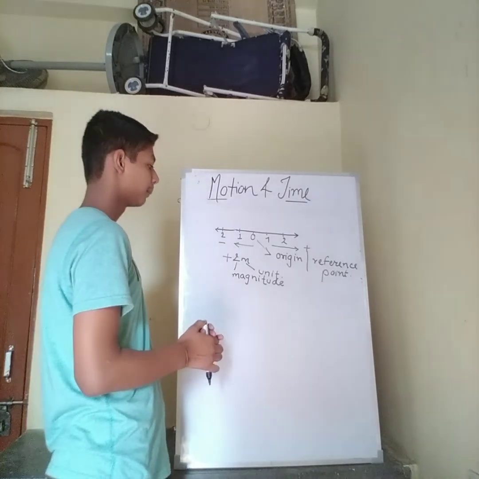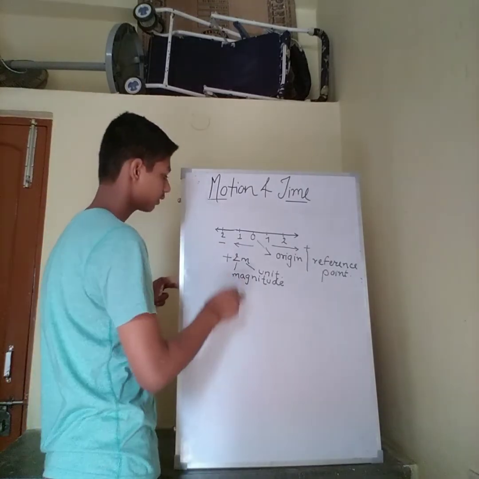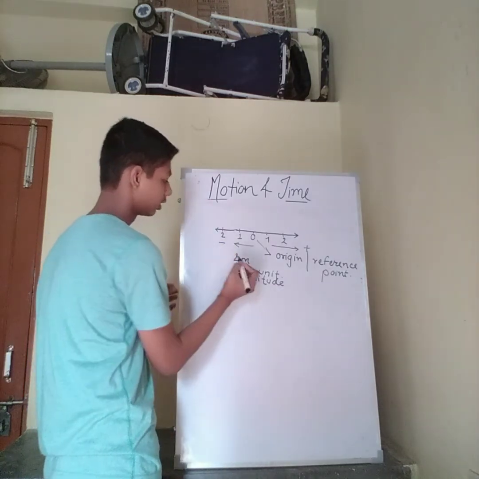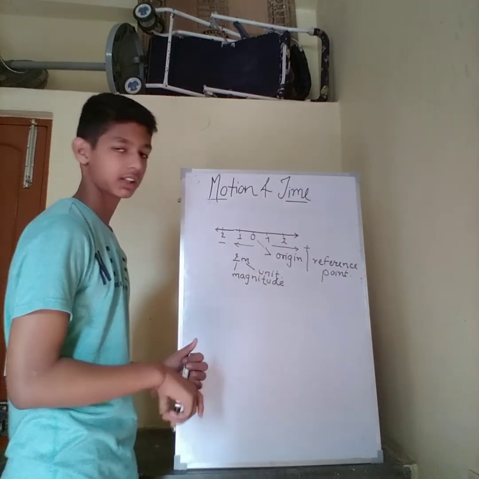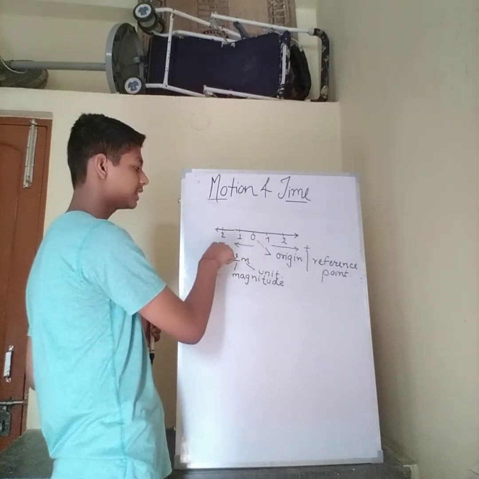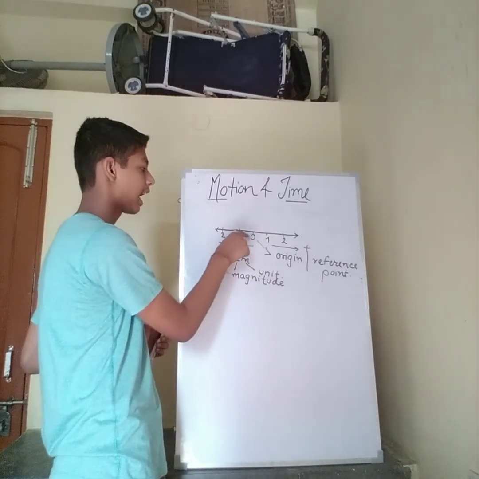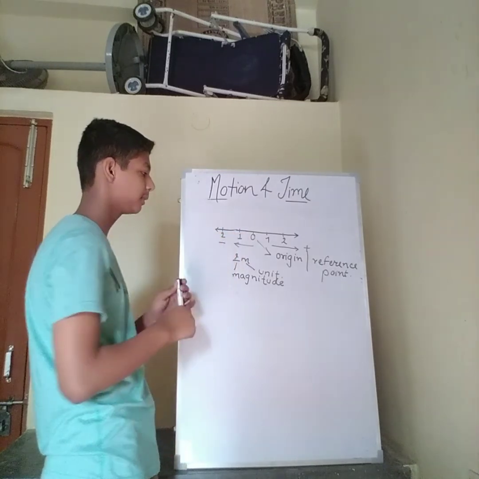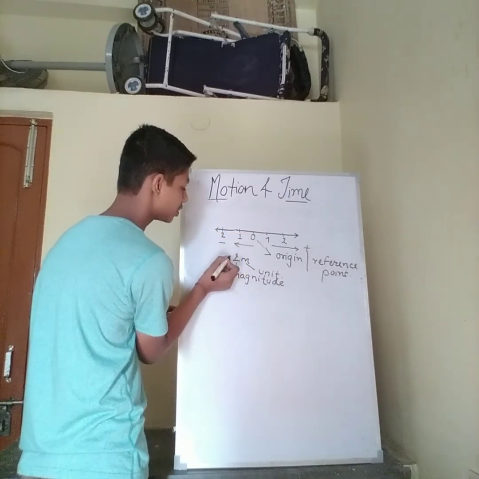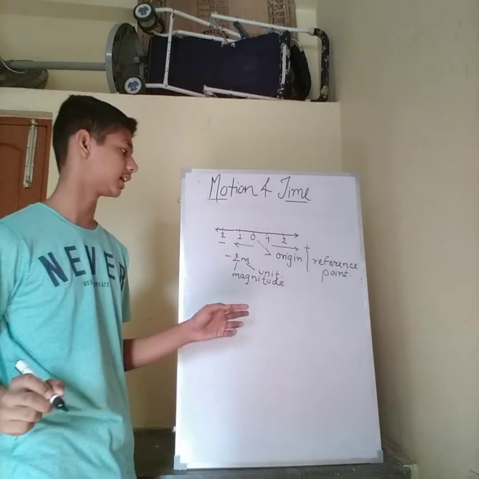Okay? But if the particle went to the left side of the origin, means in this direction, the minus direction, after 2 seconds it will be here, means we will denote it as minus 2 meter. After 2 seconds its position will be minus 2 meter.